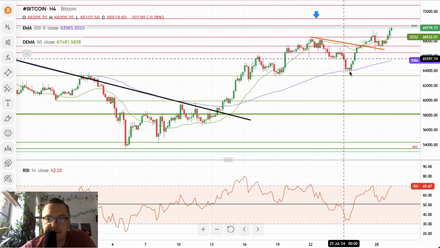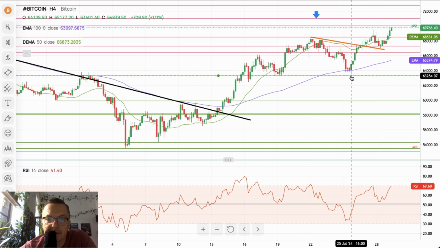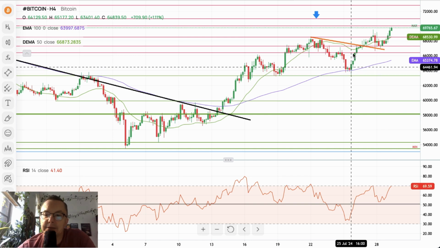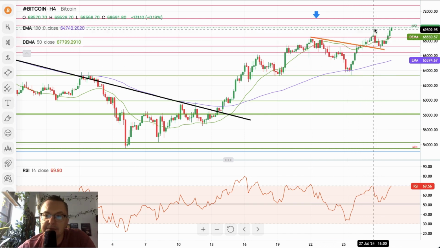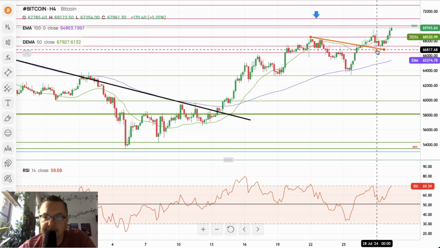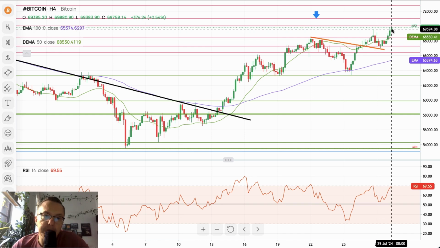Then A, B, C to the downside towards the previous wave 4 area at the level of 63,401. Since then, we have a breakout above this local trend line, new local high, test of the breakout, a little bit of consolidation, and today we are heading towards $70,000.